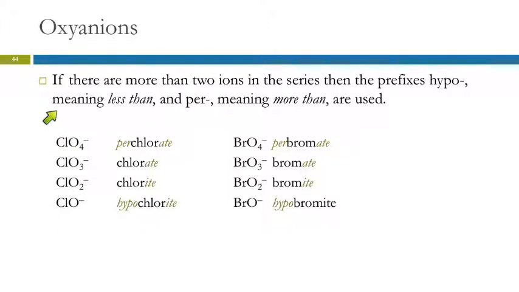And we see that these formulas for chlorine oxyanions are the same as for bromine oxyanions. We're just going to swap bromine in for chlorine. So hypobromite is BrO minus, just like hypochlorite is ClO minus. Chlorine and bromine and iodine are in the same family in the periodic table.